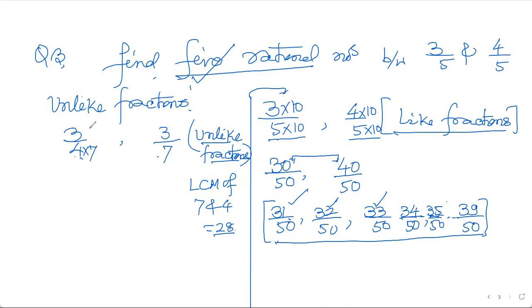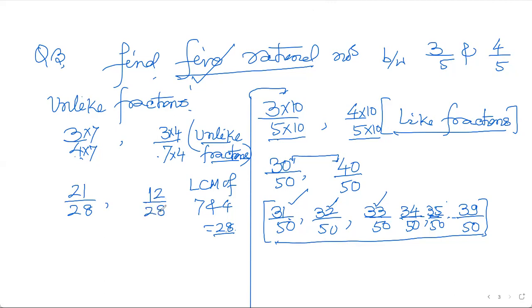So 4 sevens are 28. Multiply it by 7 and divide by 7. So this is 3 into 7 by 4 into 7. And 7 fours are 28, so multiply this by 4 and 4. So you have changed them into like fractions, that is 21 by 28 and 12 by 28.